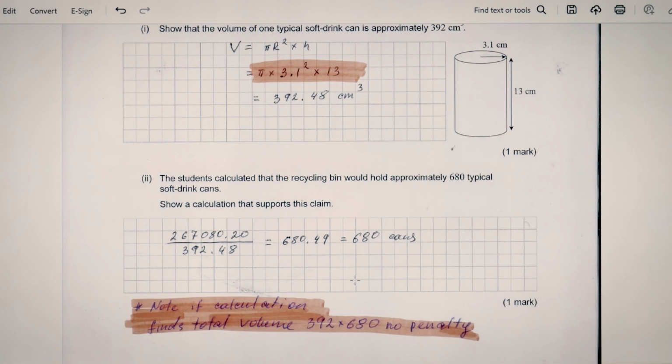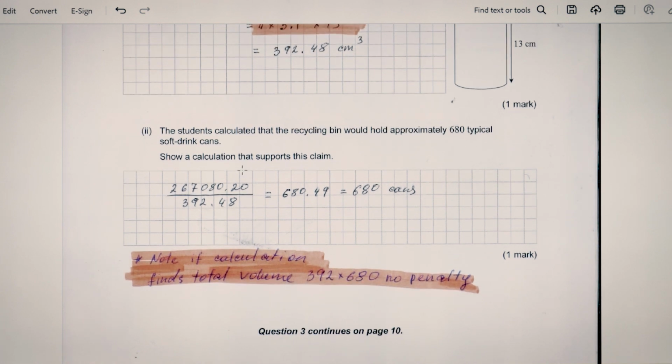Then the next question, they ask you, the student show a calculation that supports the claim. The claim is, the students calculated that the recycling bin would hold approximately 680 soft drink cans.